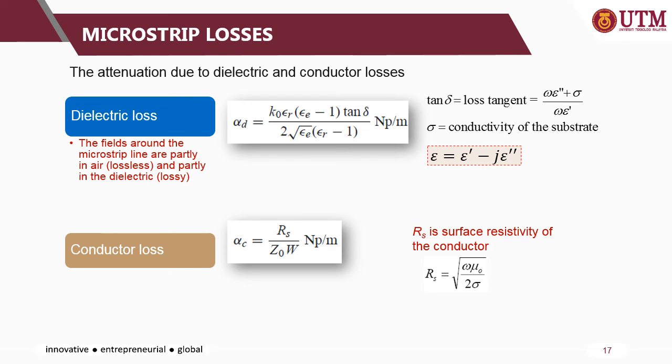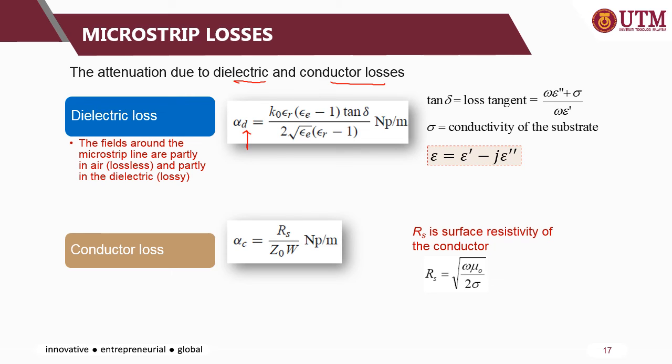Okay, and in practice, there will be some losses due to the property of the dielectric materials where the microstrip metal is placed on, and also the surrounding environment. There are two common losses in a microstrip transmission line, which are the dielectric and the conductor losses, which can be estimated.